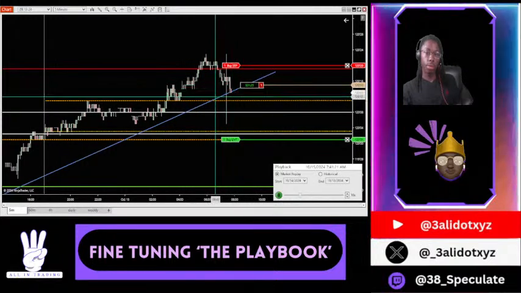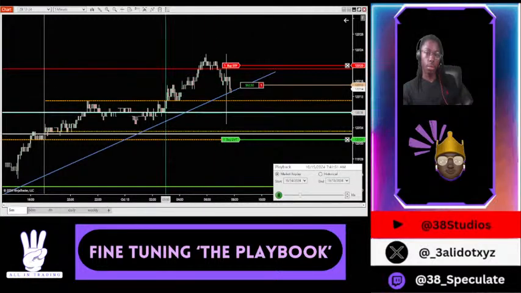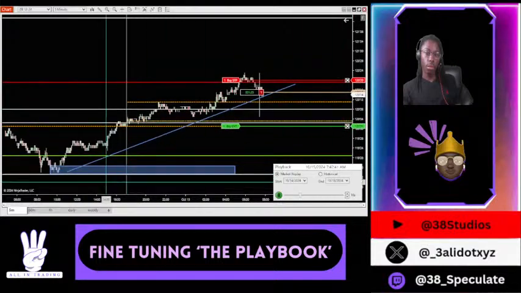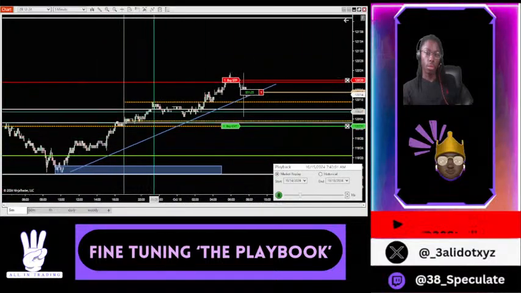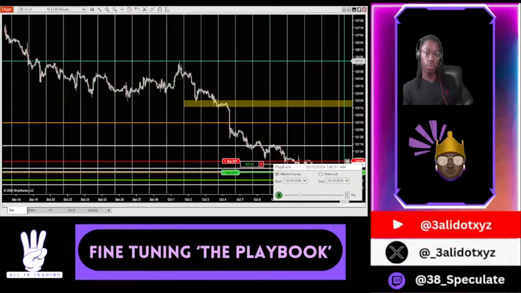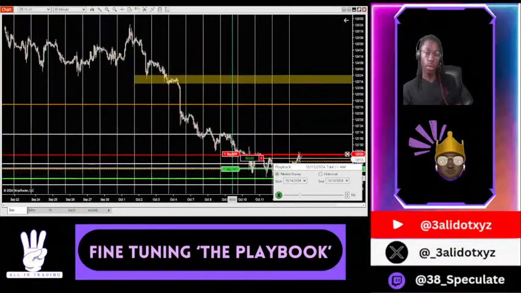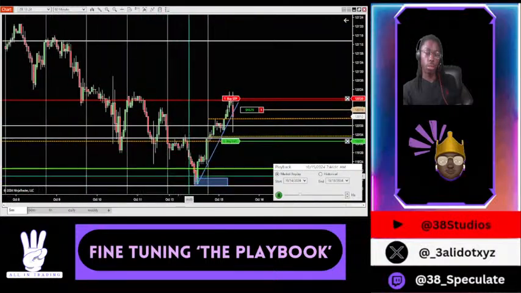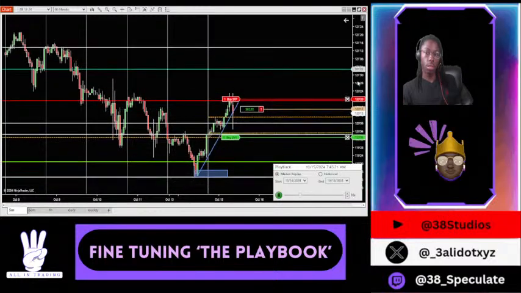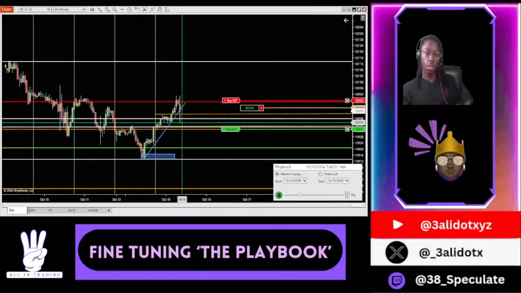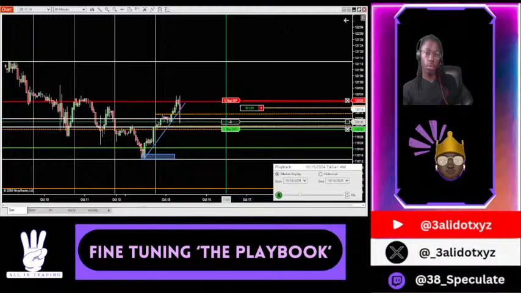If we come back up or close up here above this little 5-minute support, which I really respected only because I seen an uptrend forming on this hourly frame, but overall it's a downtrend. But more recently, the last 2 days was like an uptrend. So I kind of wanted to respect it here.